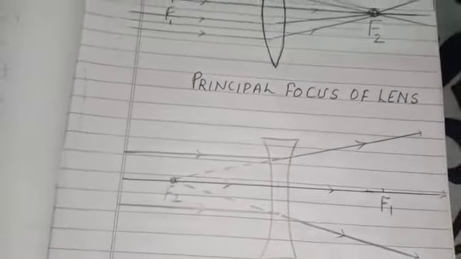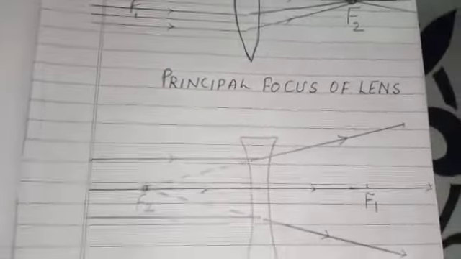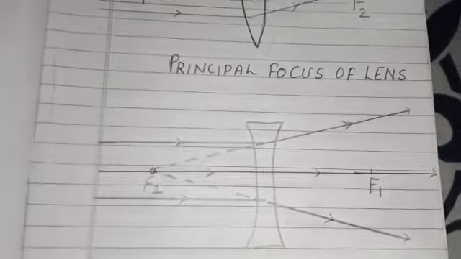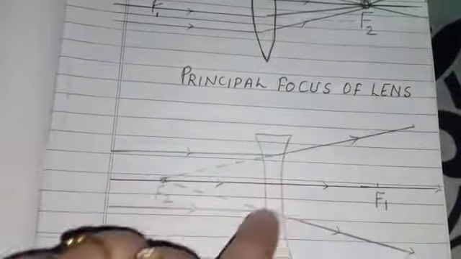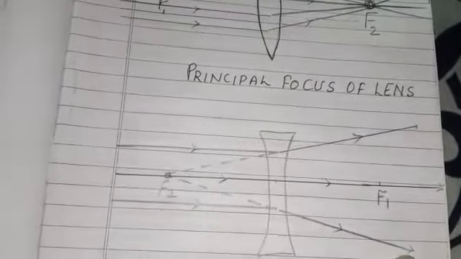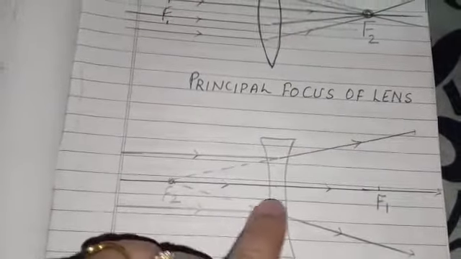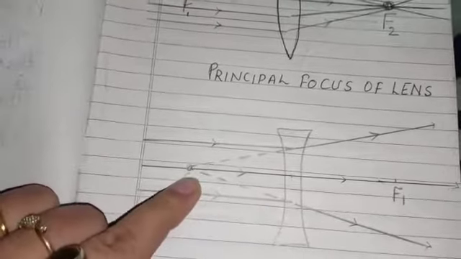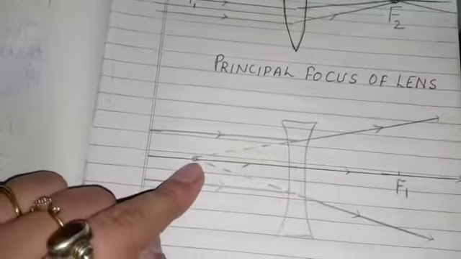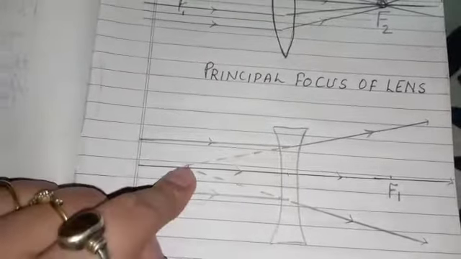But as I told you, the concave lens is known as the diverging lens. When the beam of light passes through, it deviates and changes its path. So we imagine that they go backward to meet at a point. This is also called the principal focus of the lens. Right? This is the principal focus.